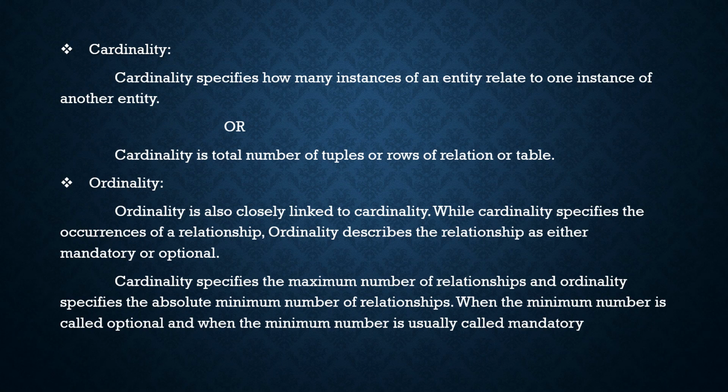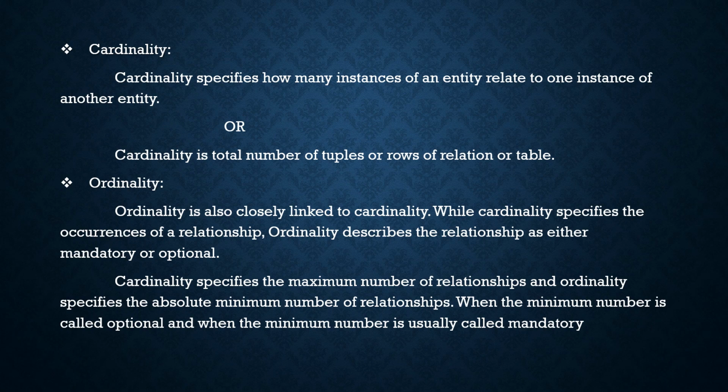Okay, the next term we need to explain is ordinality. Ordinality is closely linked to cardinality. While cardinality specifies the occurrence of a relationship, ordinality describes the relationship as either mandatory or optional.